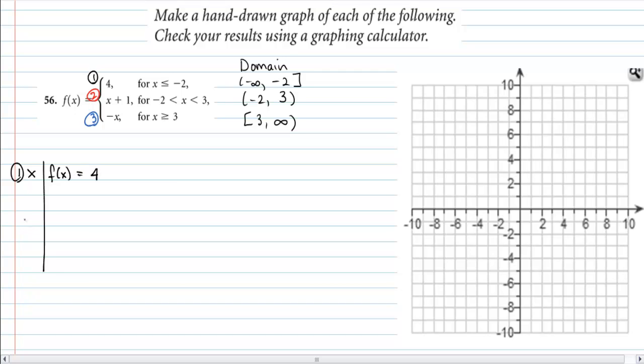So I'll pick negative 2, and a number less than that would be negative 3. And in both cases, it doesn't matter what x is, the y value is going to be 4 in both cases. Because the domain includes the negative 2, at negative 2, 4 is going to be a closed circle.